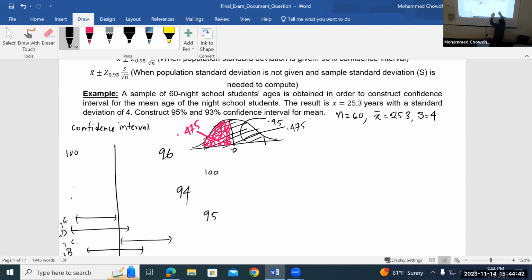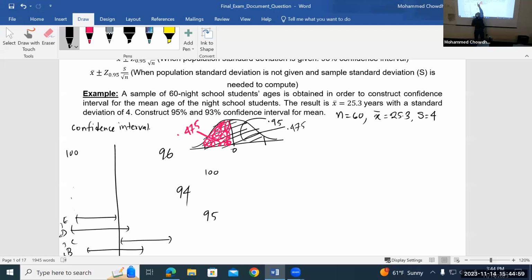It is called 95%, right? This shaded area is 95%, okay? Then half of this equals 0.475.